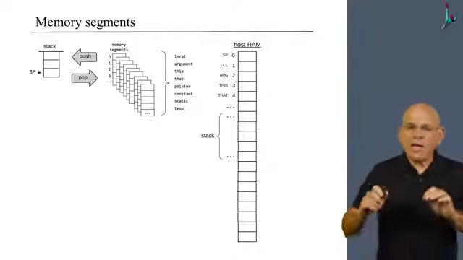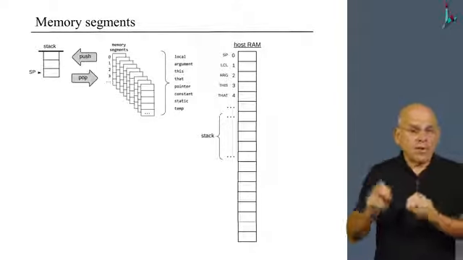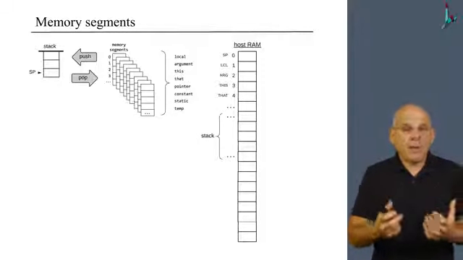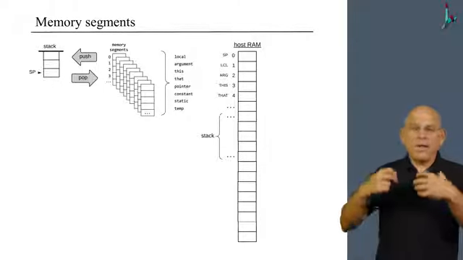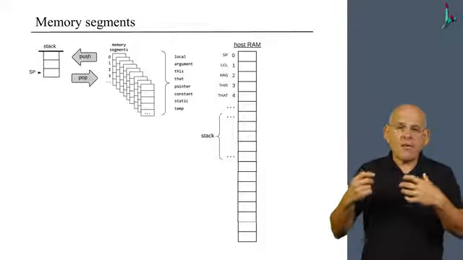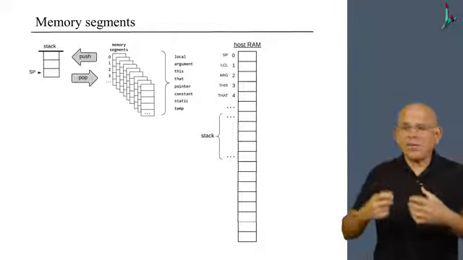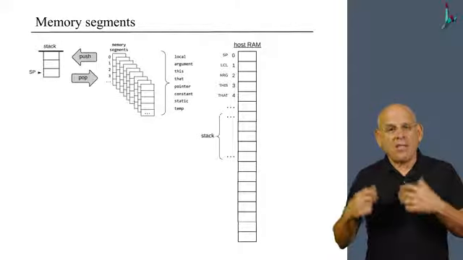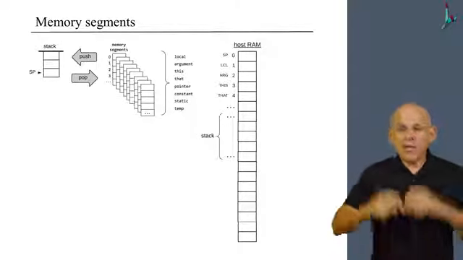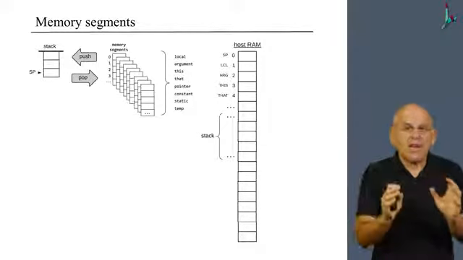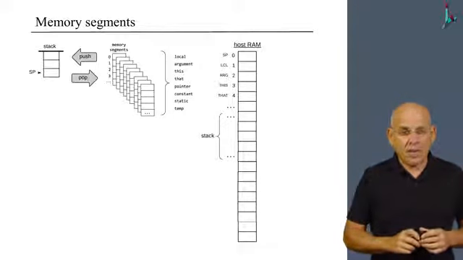First of all, the first 5 words in the RAM are used as very important pointers that hold the current value of the stack pointer, the current value of the base address of the local segment, the base address of the argument segment, this and that. And all these segments refer or belong to the VM function which is currently running.